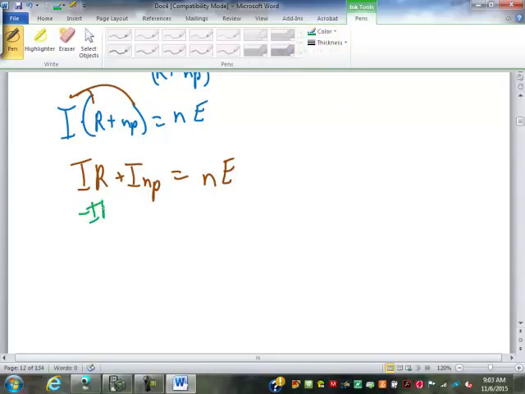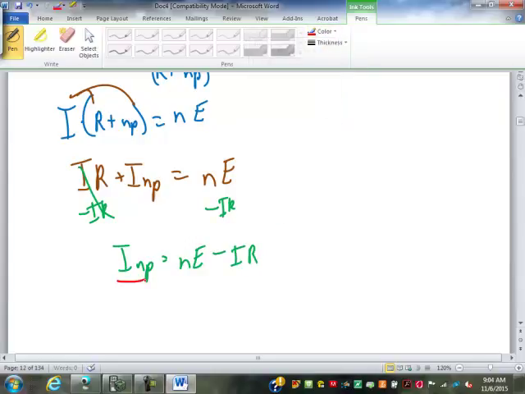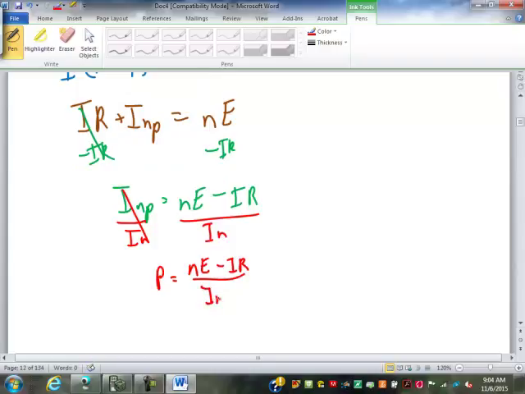So I'm going to subtract IR. So INP equals NE minus IR. I'm solving for P, right? So I'm going to divide by IN. P equals NE minus IR over IN.